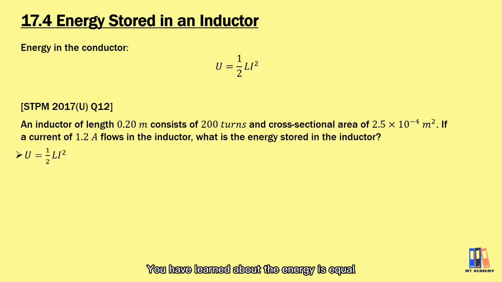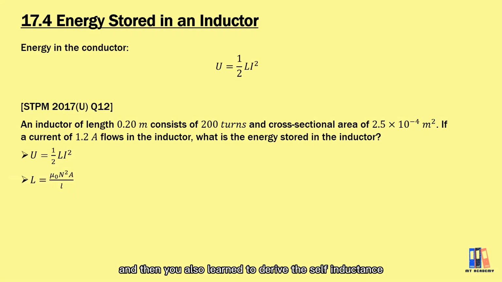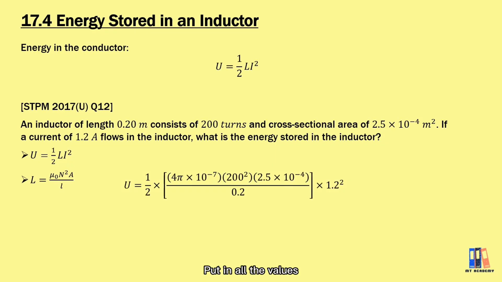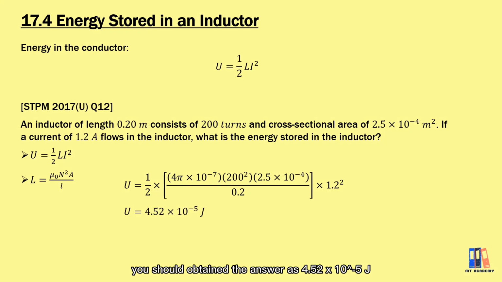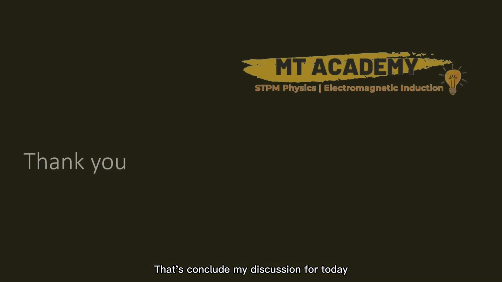You have learned that the energy is equal to half Li squared, and then you also learned to derive that the self-inductance is equal to mu naught N squared A over L. So you can combine these two formulas to solve this question. Then you substitute the formula of the self-inductance into the formula of the energy. So put in all the values, you should obtain the answer as 4.52 multiplied by 10 to the power negative 5 joule.